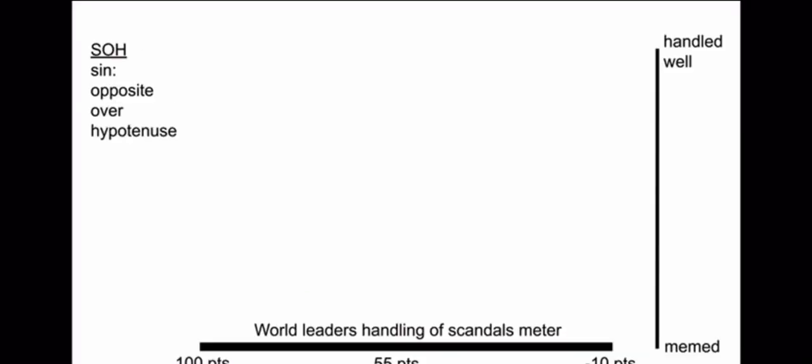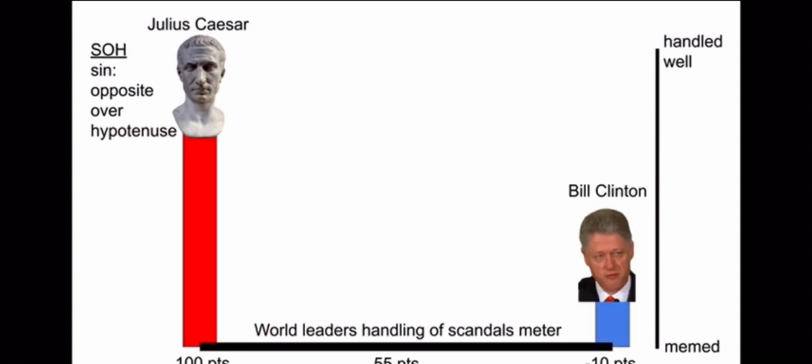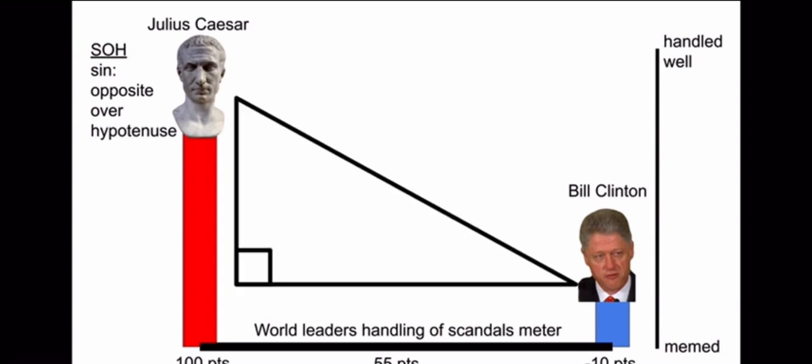So let's get into an example to explain this. So here we have a meter demonstrating a classic political phenomenon. On the high end of this we have Gaius Julius Caesar, and at the bottom of the barrel is William Jefferson Clinton. Let's calculate what the key difference between these guys are via trigonometry. Look, I had to find some way of explaining this, okay? Here's the SO model. We are given the hypotenuse in this case, 110, and the angle of reference, 20. So the equation to solve this is as follows.